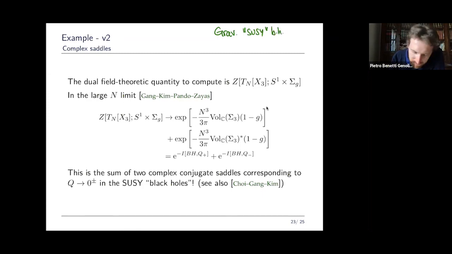In field theory, the black holes have S1 times sigma g at the boundary, because I'm embedding.